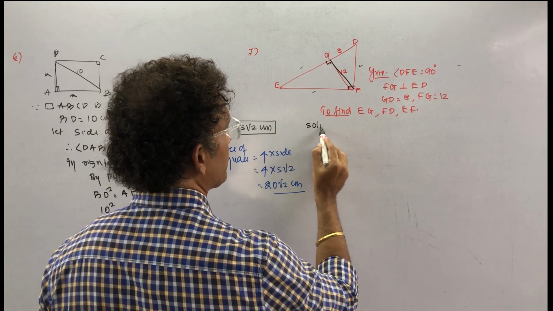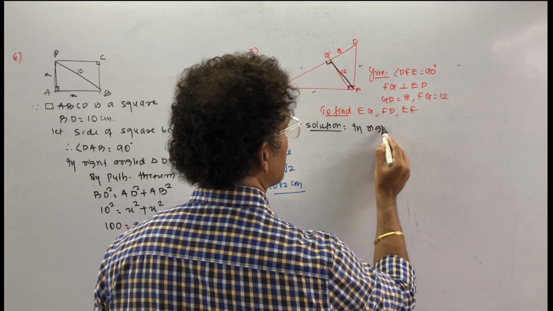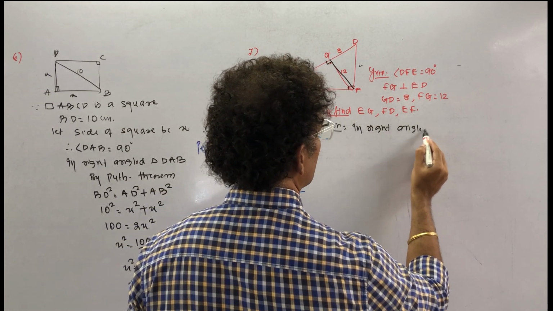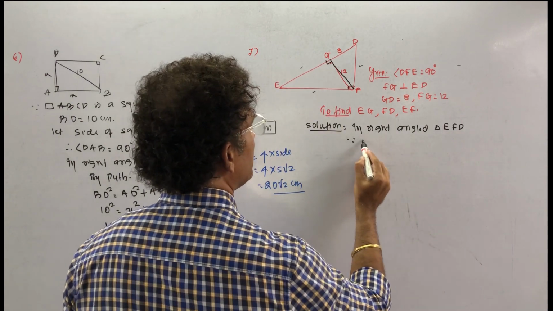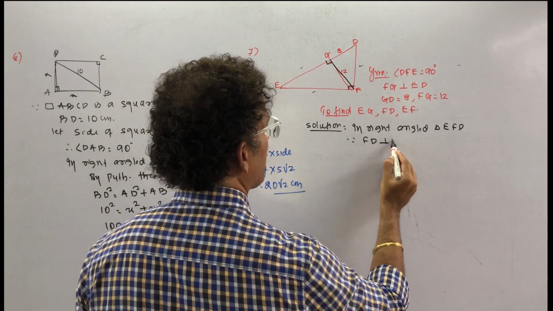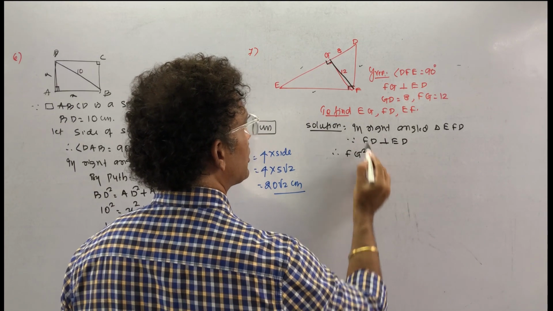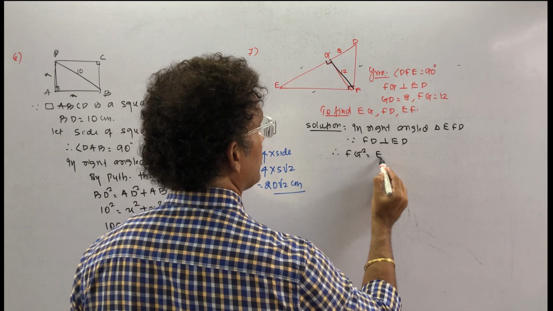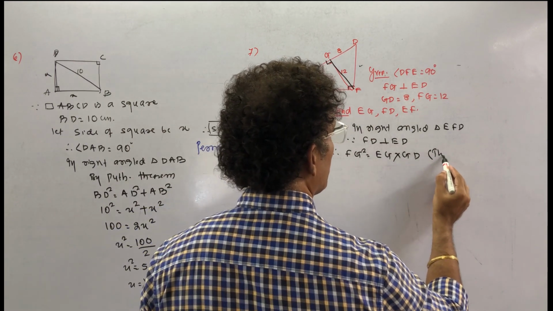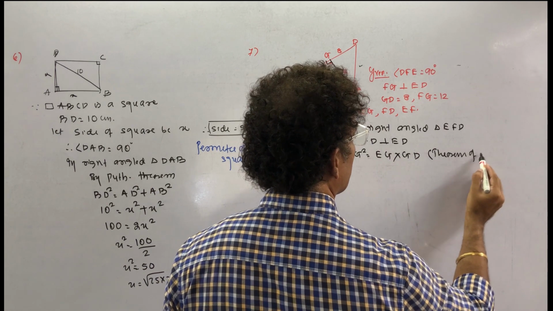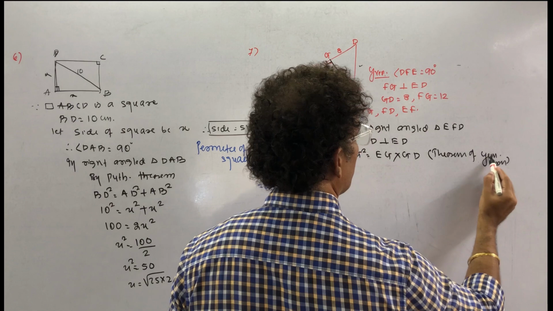Now the solution, we say over here that in right angle triangle EFD, we say that FD is perpendicular to ED, and बोलो बच्चा लोग क्या आएगा, FG square is equal to EG into GD. That is क्या बोलेगा, everybody can write that is theorem of geometric mean.